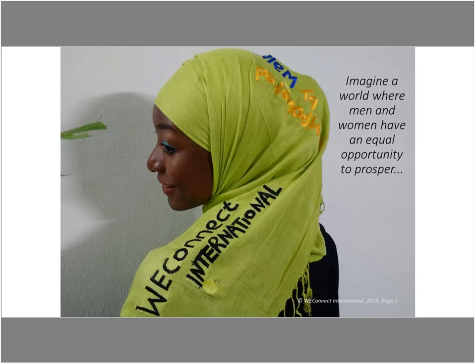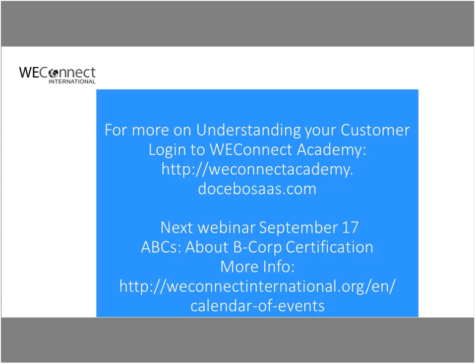One way that you can definitely hear the audio for what they're covering is by logging into the WEConnect Academy. As I mentioned, we didn't cover everything in this session. So what you want to do is go to WEConnectAcademy.docebosaas.com.